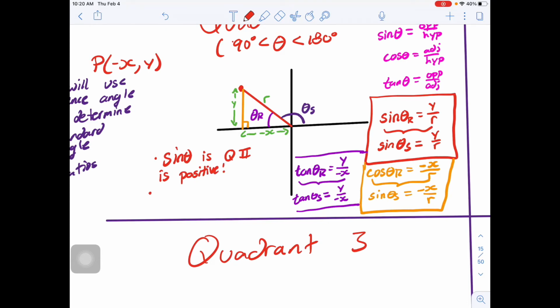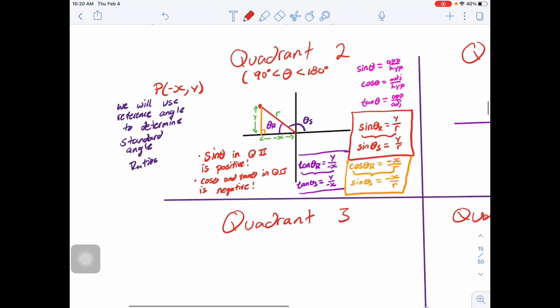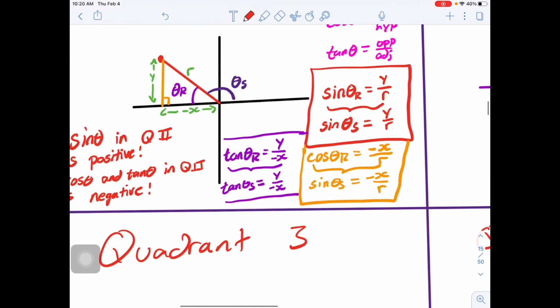We also notice cos angle and tan angle in quadrant 2 are negative. So I guess that shouldn't be an S, this should be an N. Okay, so hopefully you see what we're doing here. We're analyzing the standard angles by using the reference angles.